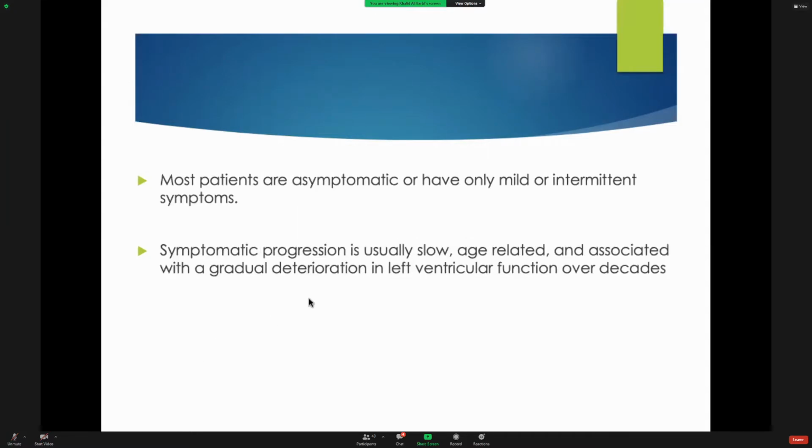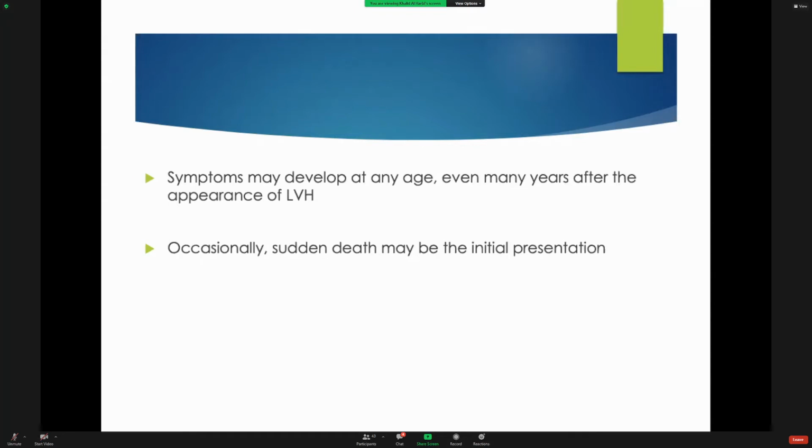If the patient has symptoms, they might progress slowly with gradual deterioration in left ventricular function. Symptoms may develop at any age, and sometimes sudden cardiac death may be the initial presentation.